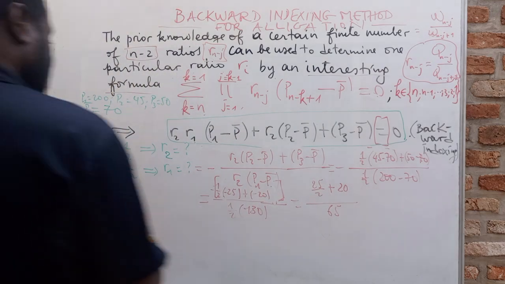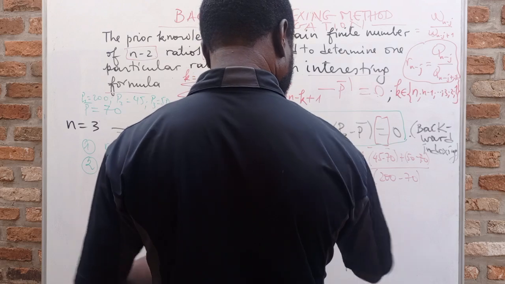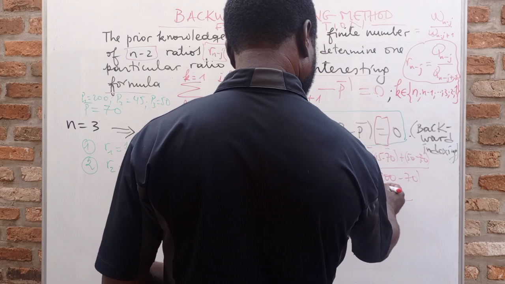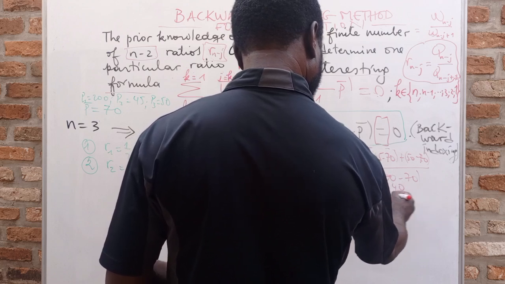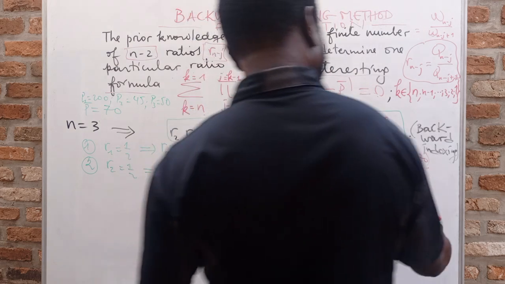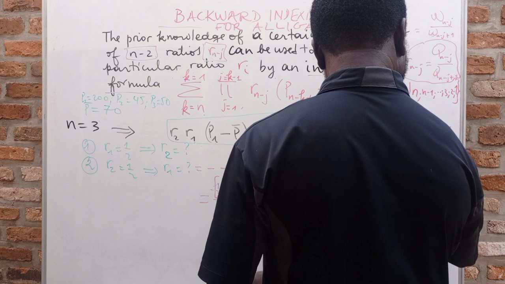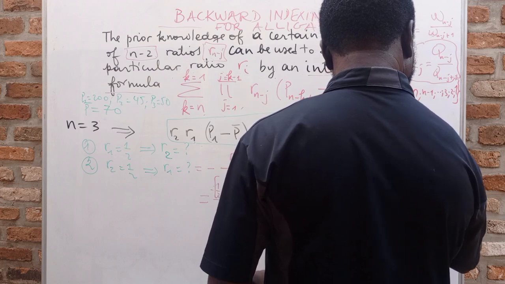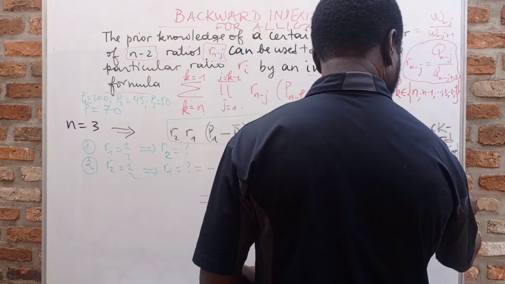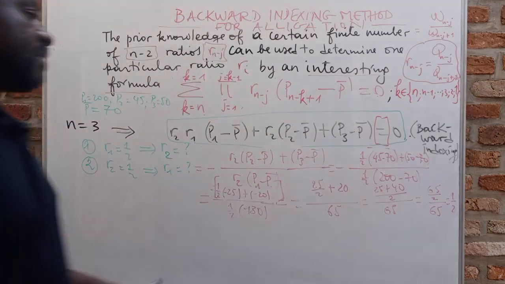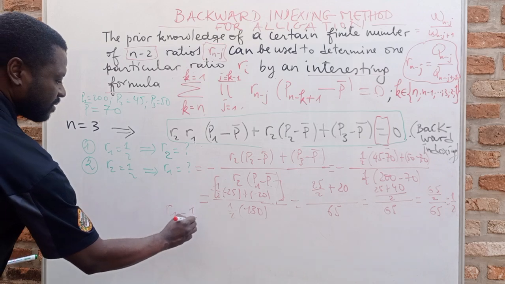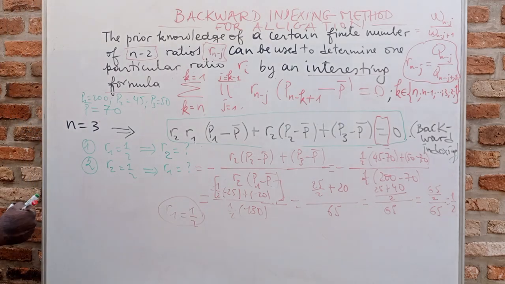So what I will have is 25 plus 40 over 2 divided by 65, and this is 65 over 2 divided by 65. And what is this? This is a half. As was suggested, this is a half by this method also.